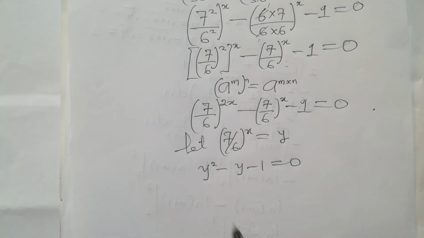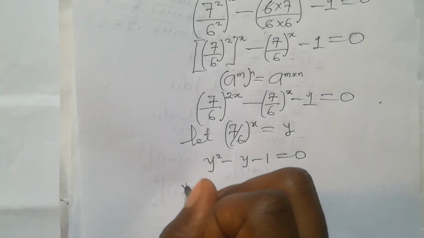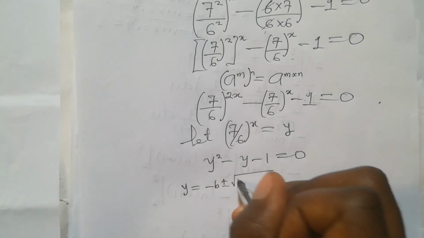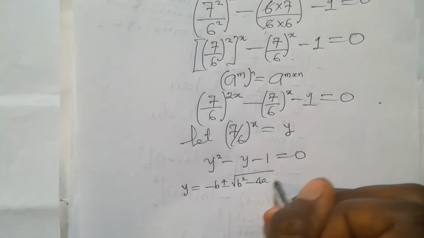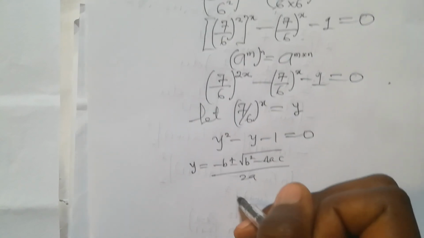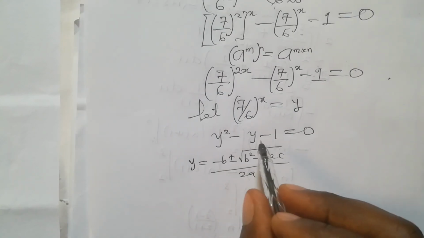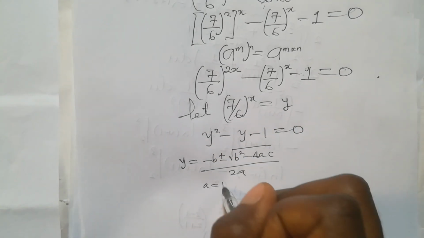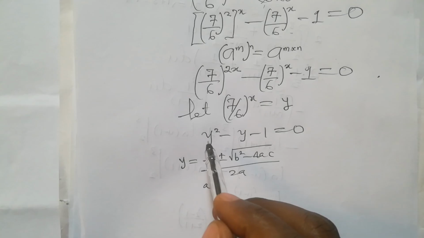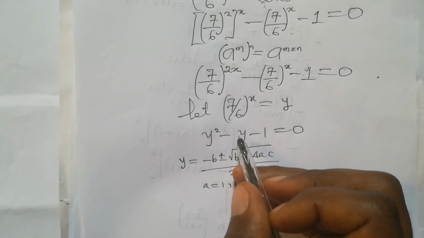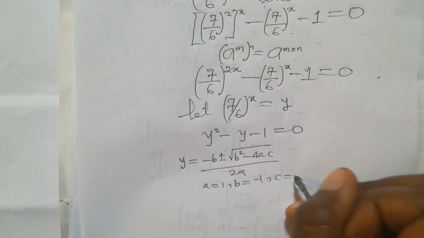So we can use the general formula, which says y is equal to minus b plus or minus the square root of b squared minus 4ac, all over 2a. From this, it's a quadratic equation. So we have our a is equal to 1, which is the coefficient of y squared, while our b is minus 1, which is the coefficient of y, and c is minus 1.